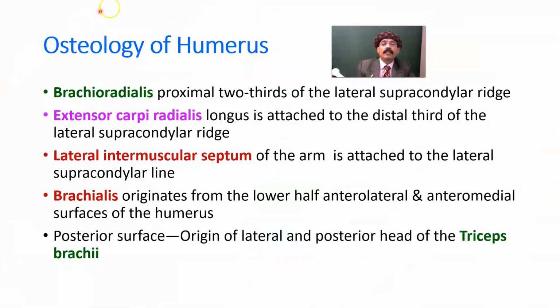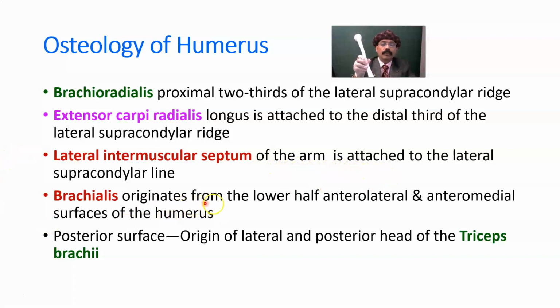Okay, then brachioradialis takes origin from the proximal two-thirds of the lateral supracondylar ridge. Extensor carpi radialis is attached to the distal third of the lateral supracondylar ridge. Okay, we just discussed lateral intermuscular septum of the arm is attached to the lateral supracondylar line.